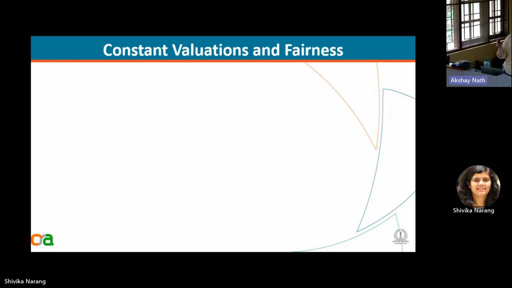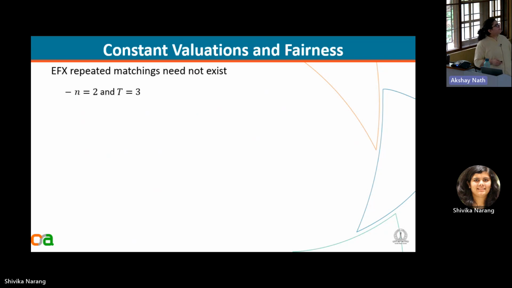So let's first look at constant valuations and see what's going on here. Okay, so here EFX repeated matchings need not exist. Super simple example, two agents, two items, 3 rounds. The first item, G1, gives value 7 to both the agents in all the rounds, and G2 gives a value of 1, right?